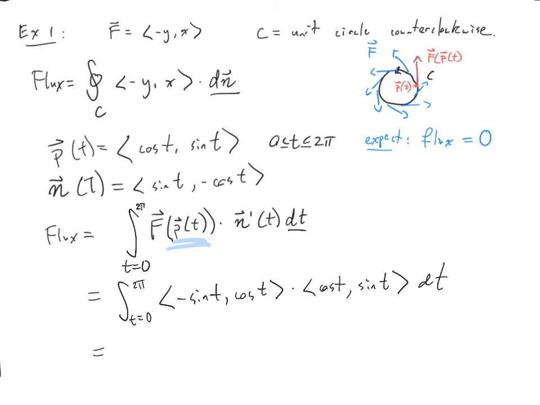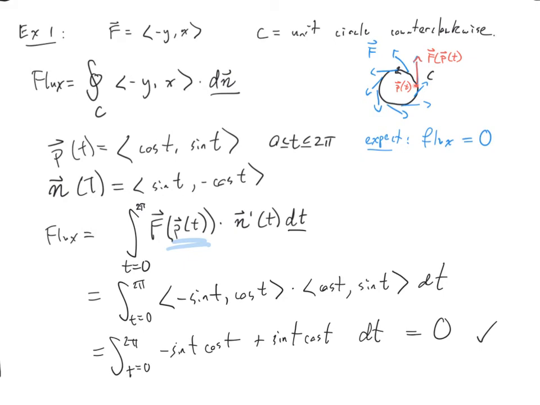And now this dot product is minus sine t cosine t plus sine t cosine t dt. So my integral is just 0 because I'm adding up zeros everywhere. So my flux integral makes sense. It is in fact 0.